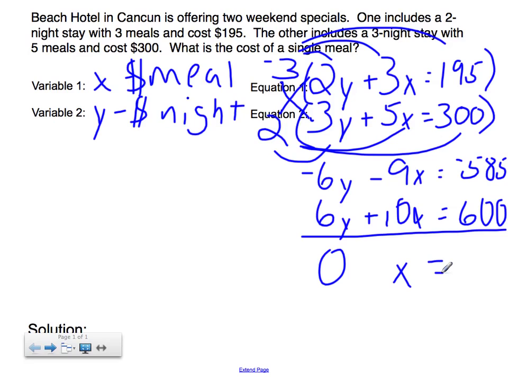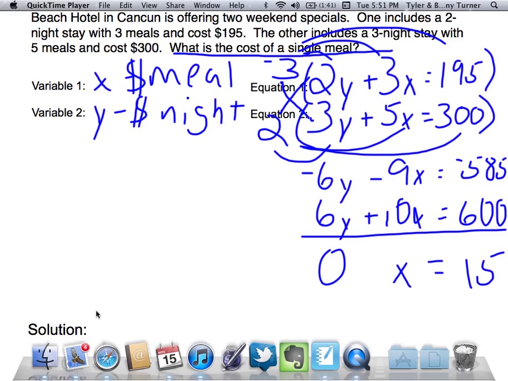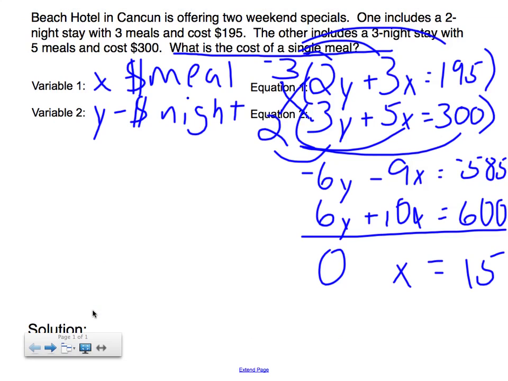We're going to know as soon as we do the rest of the addition problem exactly what x equals. Positive 600 and a negative 585 is a positive $15. That means x, or the cost of a single meal, is $15. Because that is our question, what is the cost of a single meal, we've answered that, so we don't have to go any further. The cost of a single meal is $15.